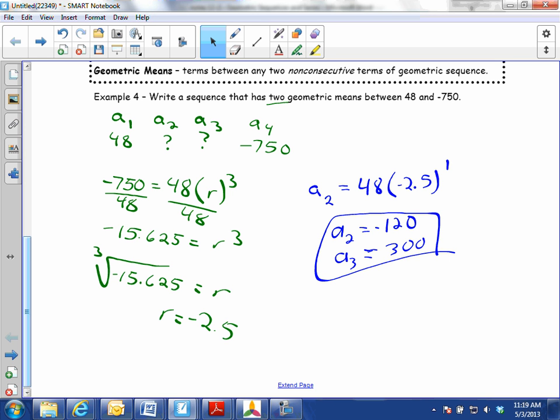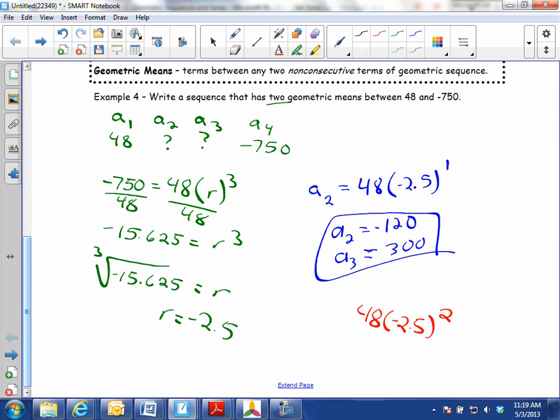So A2 is positive, because we have 48 times negative 4 going to the second power. So it's an even power, so it's no negative.